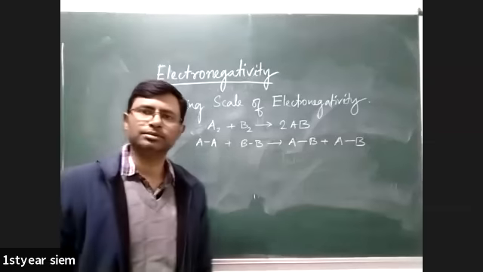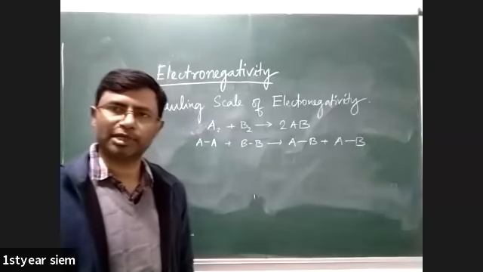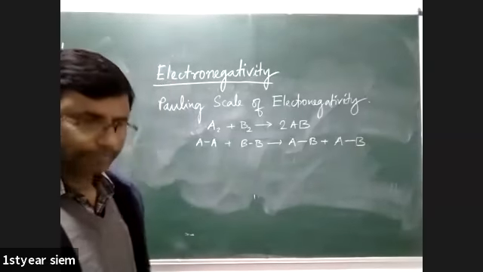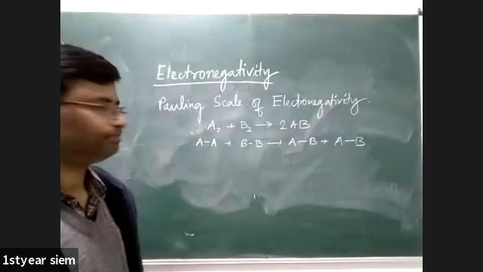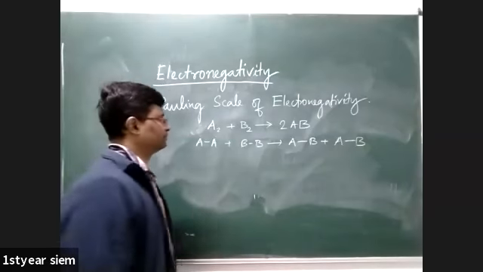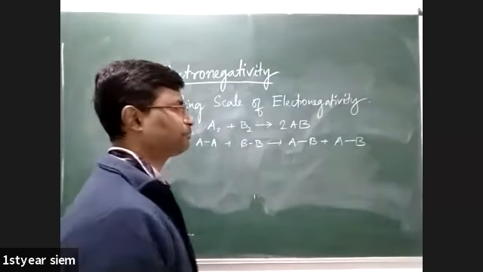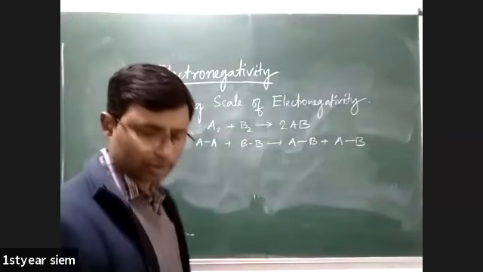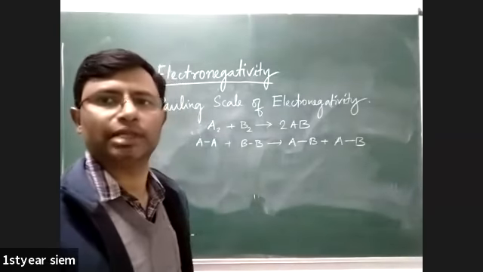A and B are most probably gas molecules. For example, H2 plus Cl2 gives HCl.